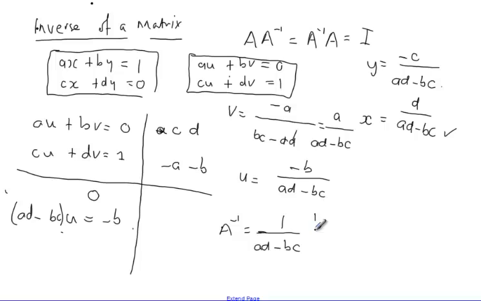Inside, where there was X, which is D over that number, we're going to have D only. Where there is Y, we're just going to have minus C only. Where there was U and V, we're going to have minus B, and then A.